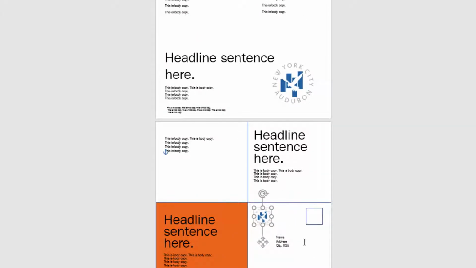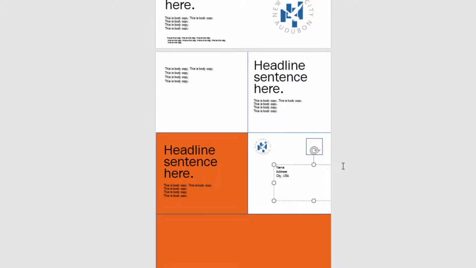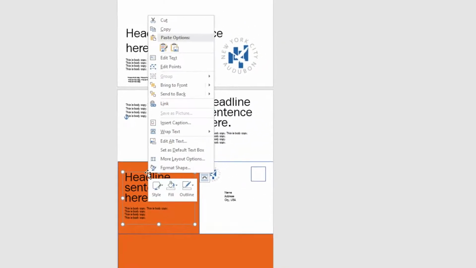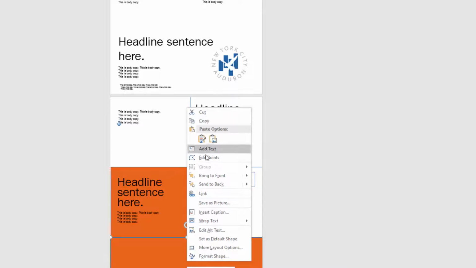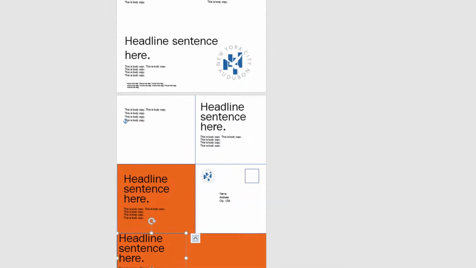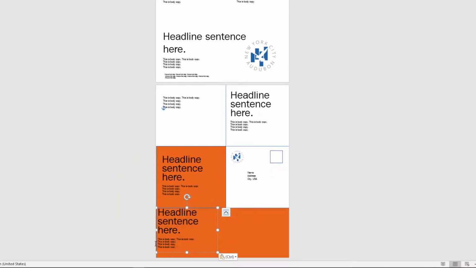Okay. And then we just have to add some text here to personalize it. Copy. Click off. Paste. And now I'm going to get rid of just this bottom copy. And I'm going to keep this.